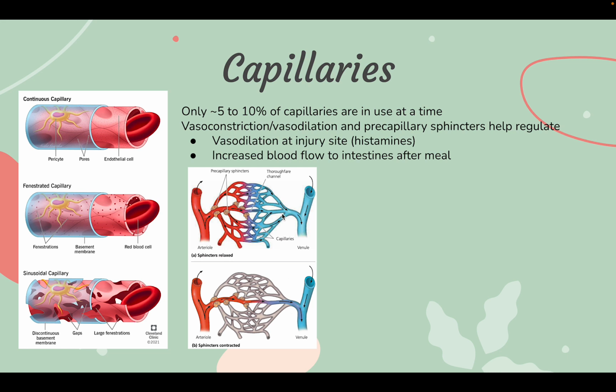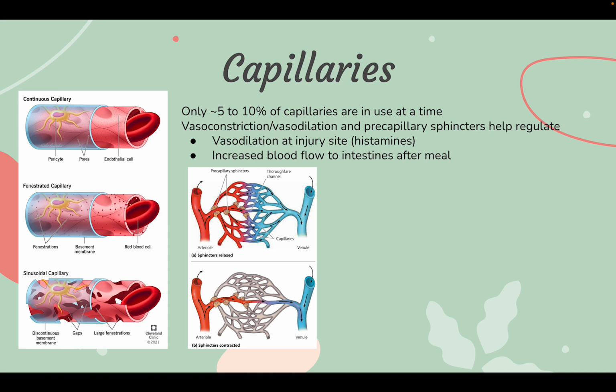And just some examples of when we might want to alter the blood flow to a location. If you get injured, you can notice that your injury is going to get inflamed. It's going to get kind of red and swollen, and that's a sign of more blood flow to the area.